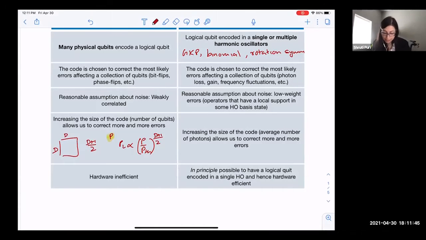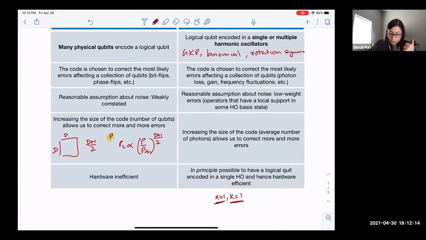On the right-hand side, in principle, with the bosonic codes, you can encode a logical qubit inside a single oscillator. So in principle, you can have an n equal to 1, k equal to 1 code, which means that you're encoding one logical qubit in one physical oscillator. So in this sense, it's hardware efficient.